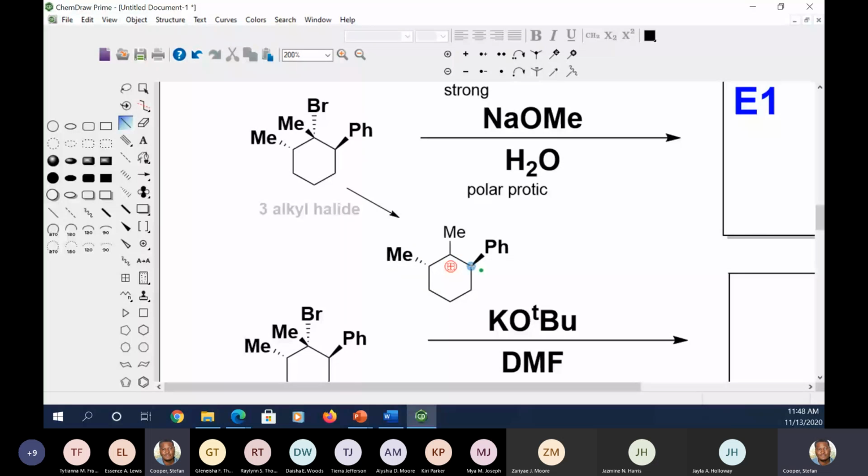If I go over here and do a hydride shift, now I go from something that's tertiary to something that's what over here? All right, I'm going to do the hydride shift here.